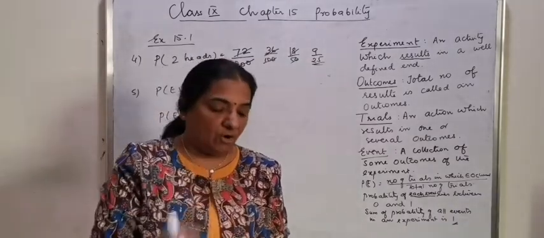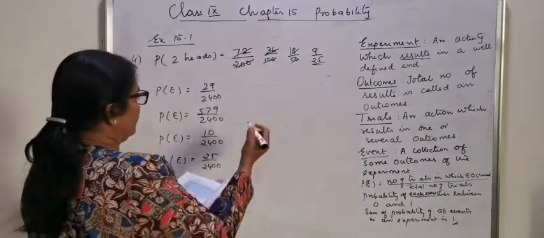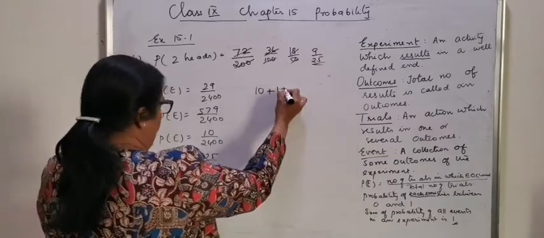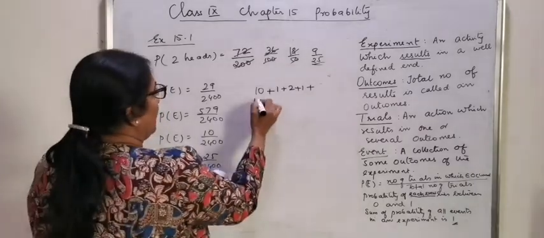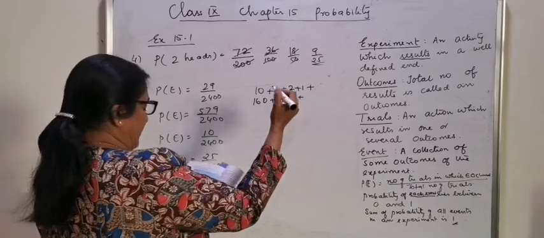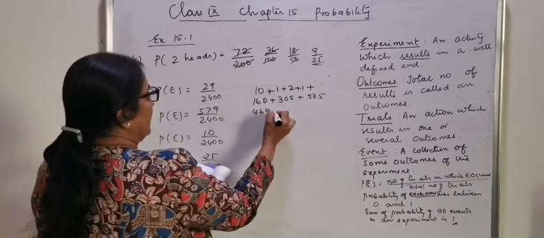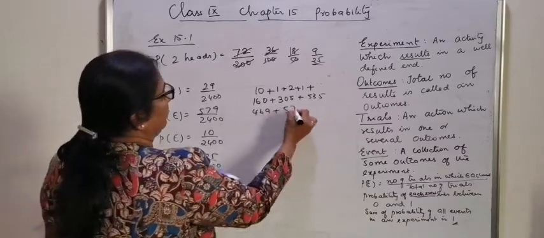Owning one vehicle or below means you have to add the numbers in the zero vehicle column, 10 plus 1 plus 2 plus 1, plus the one vehicle column, 160, 305 plus 535 plus 469 plus 579.